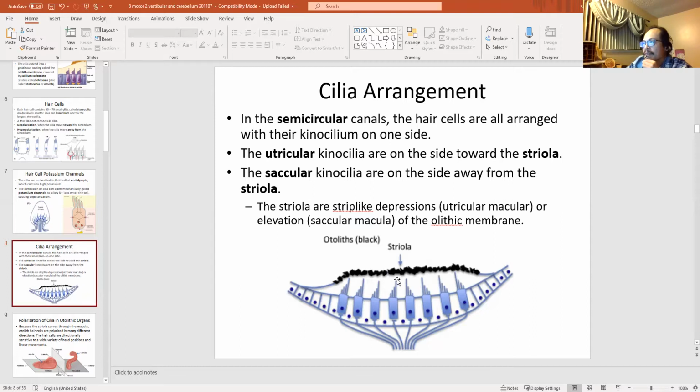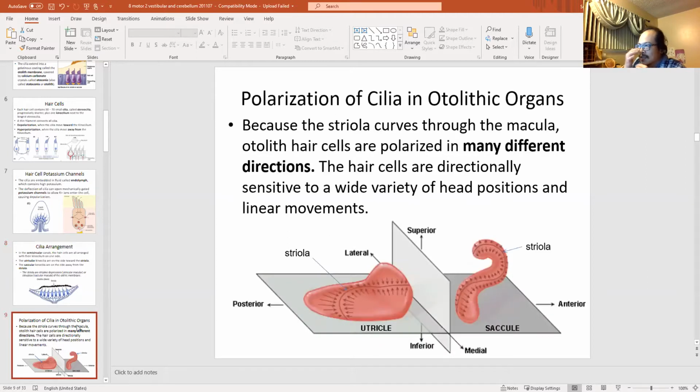the otolithic membrane, and the utricle and saccule would have the kinocilia either facing the striola or away from the striola. Let's look at each one. So this is the polarized organization of this cilia.